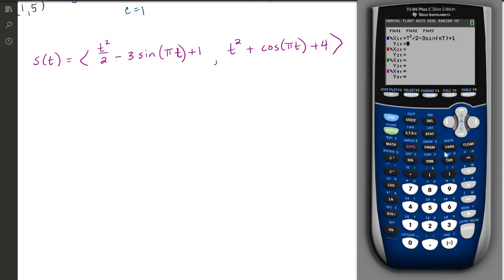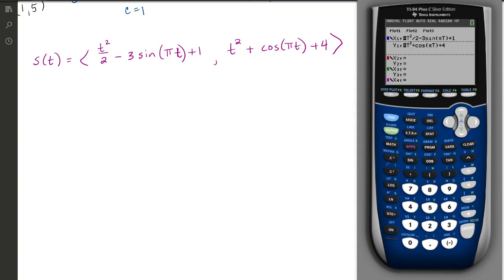And my y1 would be t squared plus cosine pi t plus 4.